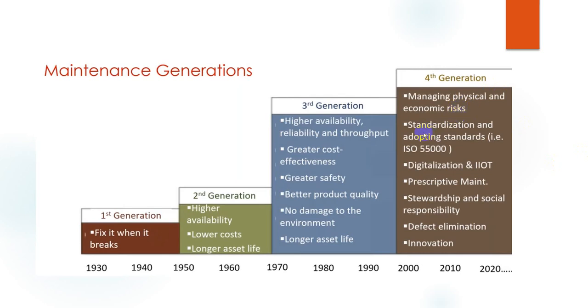We talk right now about standardization and adopting standards. We need to make everything according to standards. We need to unify the practice, unifying any uncertainty. Why are we doing this? Why do we go to standardization? We go to standardization in order to minimize the human error or the human effect. As long as we are all following the same steps, the same standard, we are almost doing the same thing.